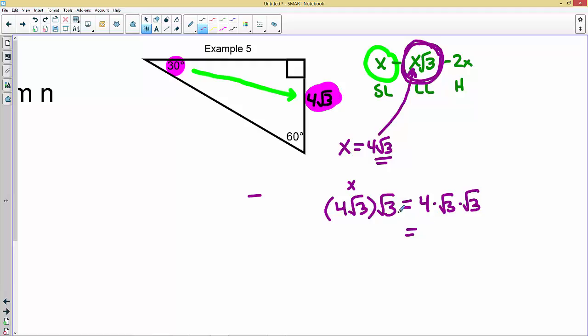All right, and that's 4 times radical 9, and that's equal to 4 times 3, and that's equal to 12. So we just found the long leg, which is up here.